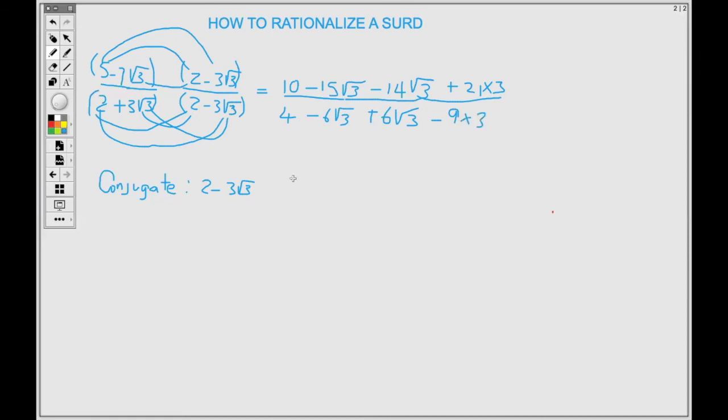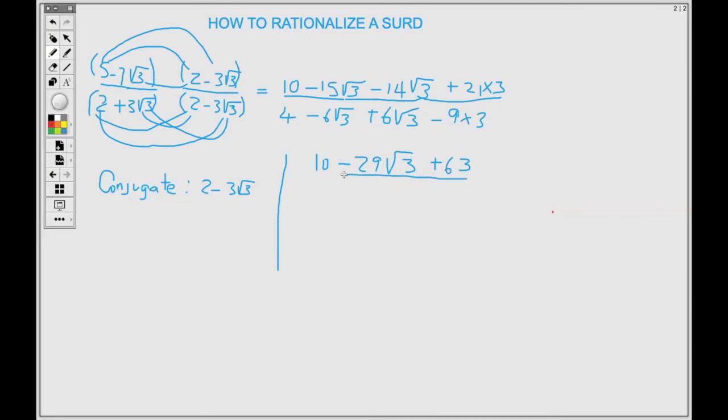Now simplifying this further, in the numerator, we have 10 minus 15 minus 14, that is minus 29. So you just calculate the numbers in front of the surd, then rewrite the surd, just like you're doing algebra. So we have minus 29, then I rewrite the surd. 21 times 3, that is 63.